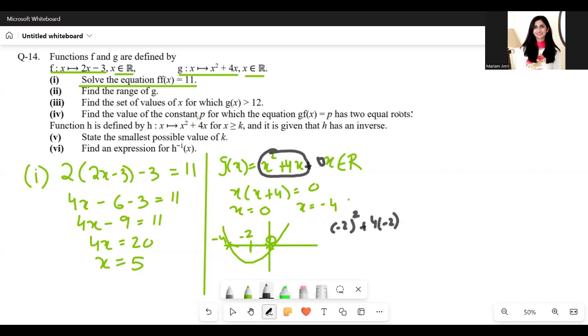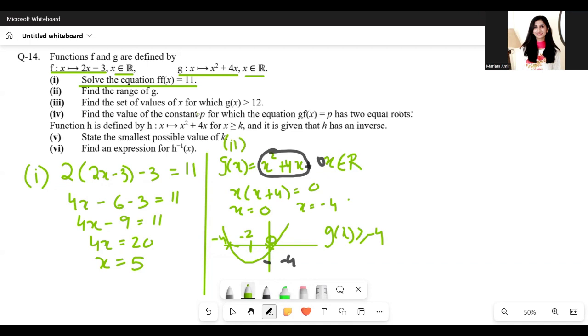So that's going to be 4 + (-8), so it's going to be -4. So we're going to say that our range is greater than or equal to -4. In fact, it was g(x), not f(x). So we're going to write g(x) is greater than or equal to -4. That's part 2.